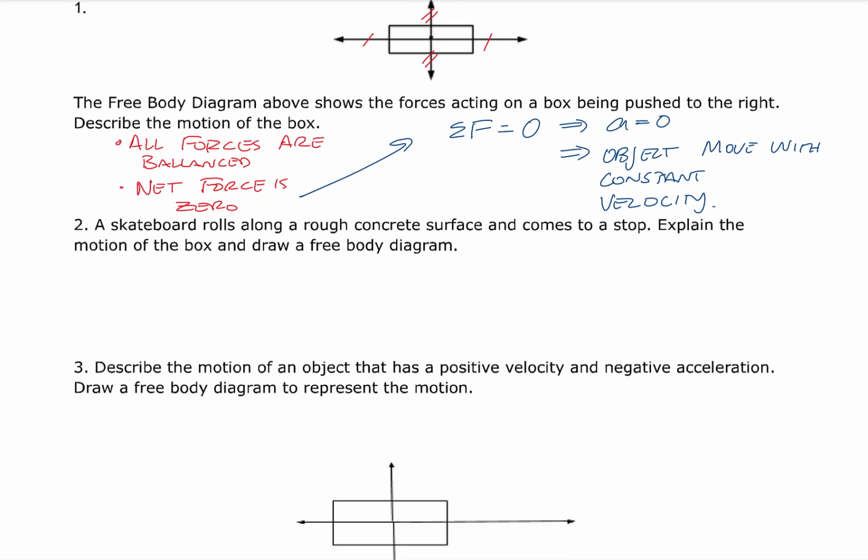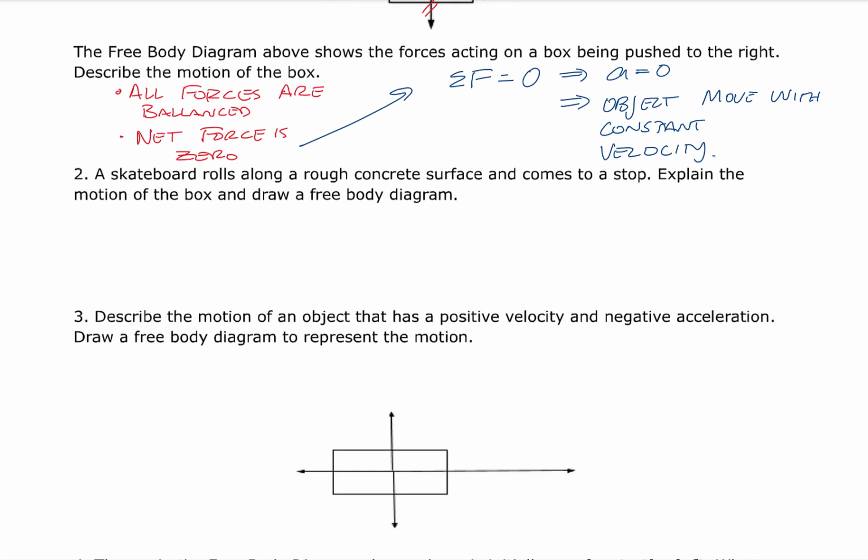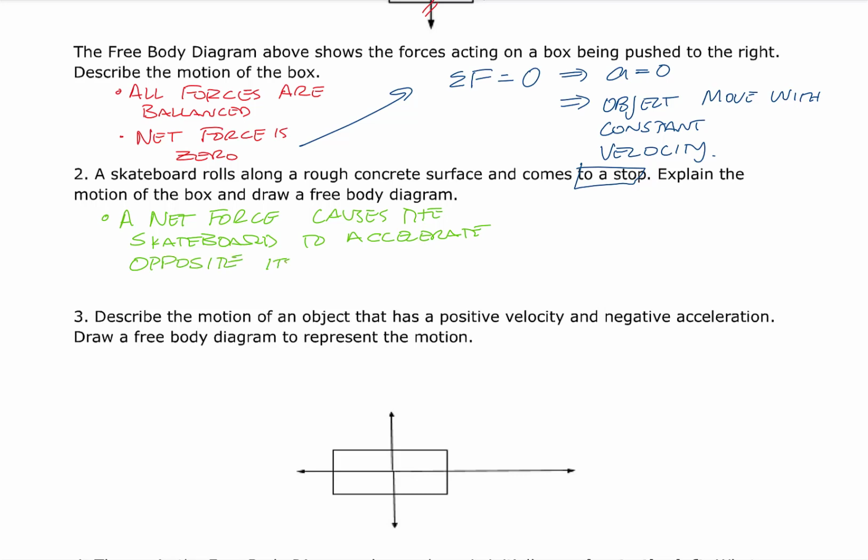A skateboard rolls along a rough concrete surface and comes to a stop. All right, so if it's coming to a stop, a net force causes the skateboard to accelerate opposite its velocity.